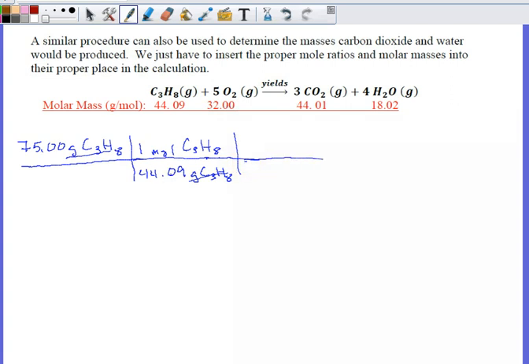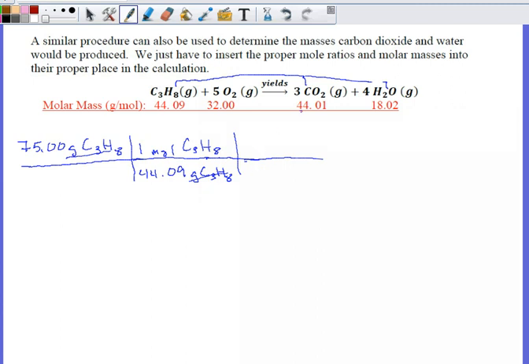Okay, so here we're in moles of propane. But now I said I wanted you to start talking about how that relates to products. So I want to use mole ratios between propane and, say, carbon dioxide. I want to stop talking about propane and see how much CO2 I'm going to make.